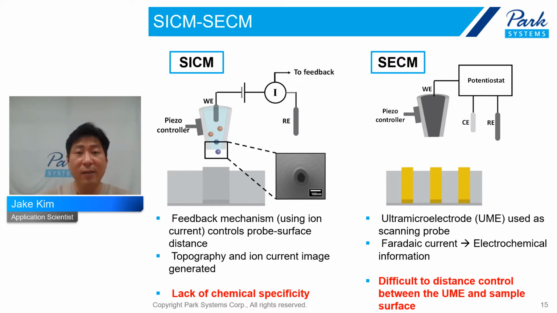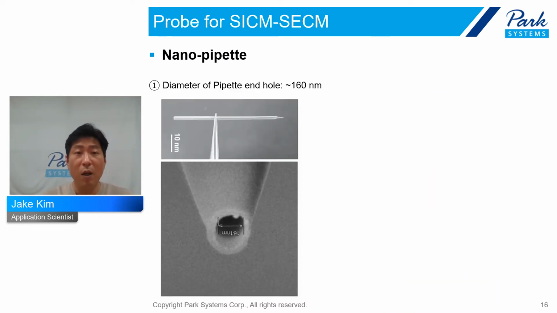So the SICM-SECM technique combines these two techniques to measure the EC response on the sample surface while maintaining a constant distance between pipette and sample with the ion current signal. If only topography is measured like SICM, just a nanopipette is sufficient. But a specially designed nanopipette is required to measure the EC response.